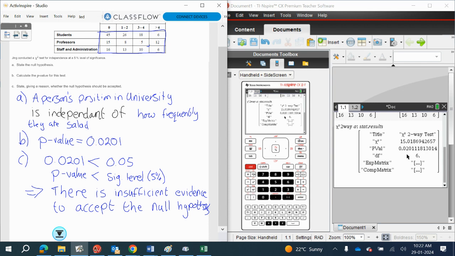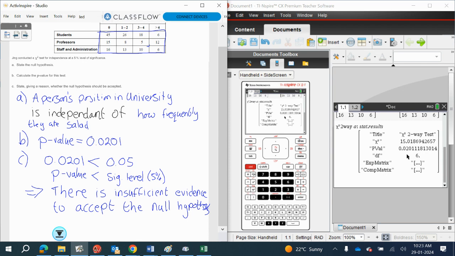There is insufficient evidence to accept the null hypothesis, or there is sufficient evidence to accept the null hypothesis. Wait, let me pause and think.